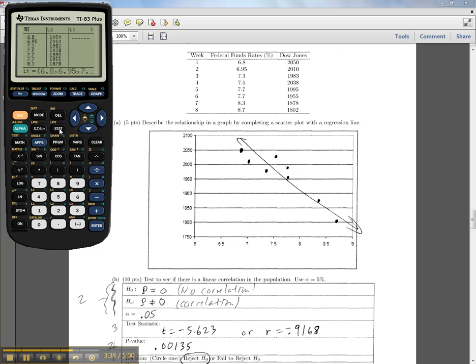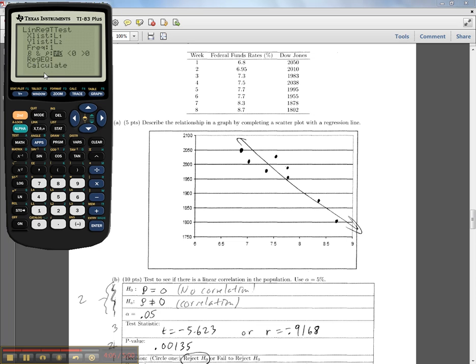Okay, so you want to go to stat test, and towards the bottom, it's the linear regression t-test. Press enter. And then you want to indicate that list 1 is the x-axis. It's your federal fund rates. List 2 is your y, the Dow Jones. So key frequency at 1, and your alternative, again, is that you want to find just any relationship at all, so not equal to.